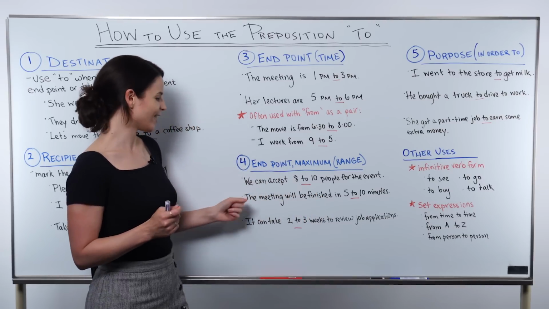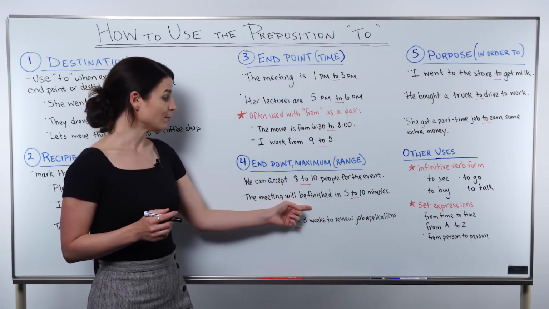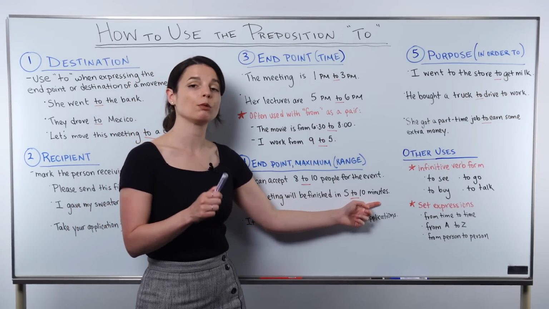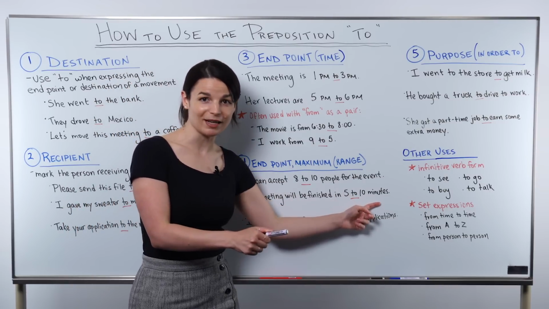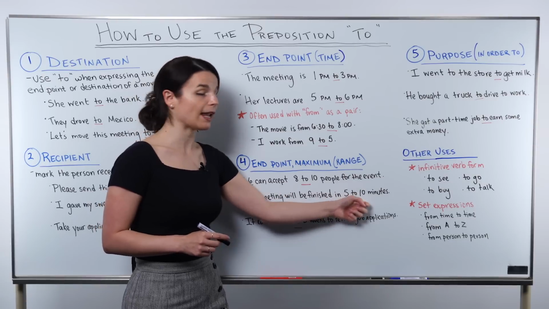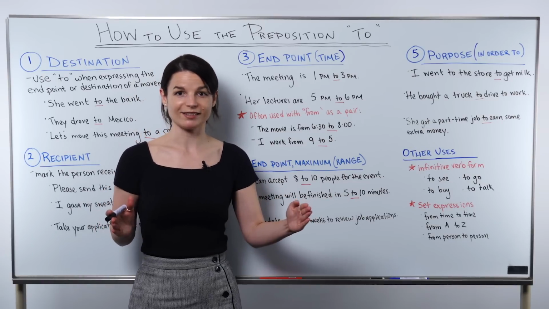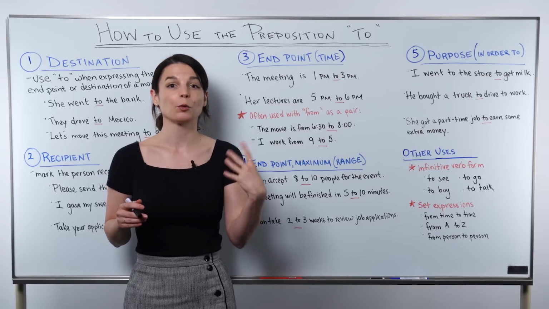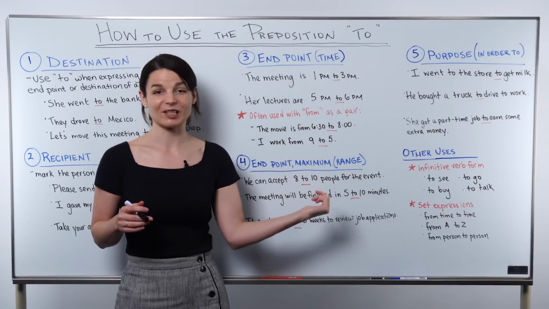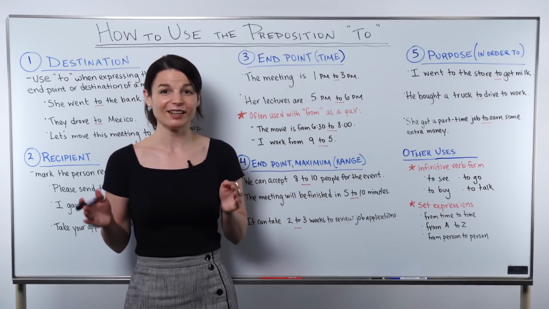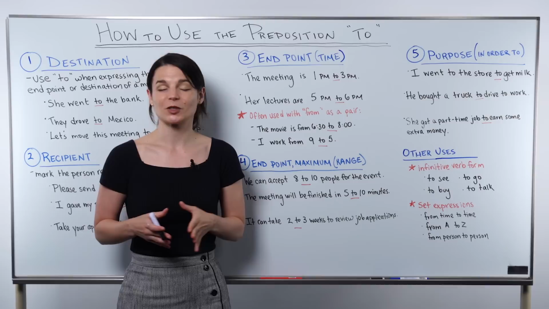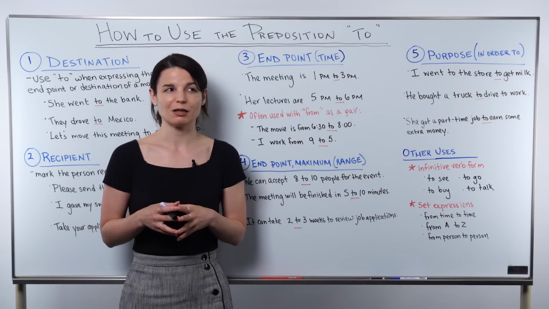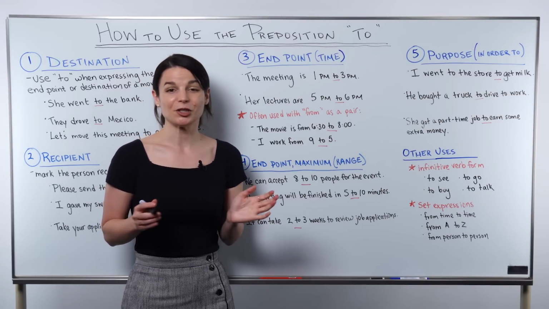Okay, let's look at the second example. The meeting will be finished in 5 to 10 minutes. Again, we have a range here, 5 to 10 minutes. So when you are trying to estimate the end point of your meeting, you probably are going to use an expression like this, maybe 10 to 20 minutes, or when you're talking about a project you're working on, it'll be finished in maybe, I don't know, 1 to 2 days.